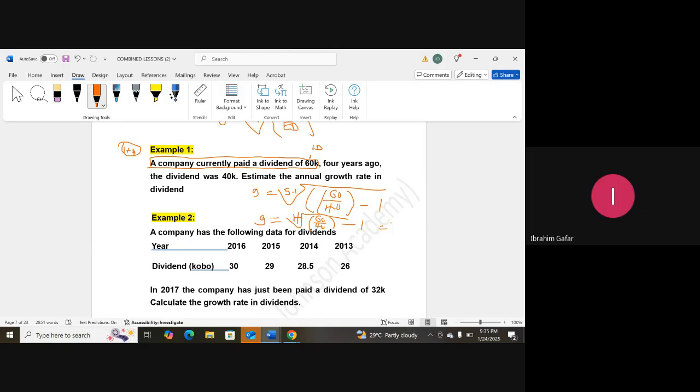What I did is this. 4 shift raised to power, then 60 divided by 40, minus 1. Oh, sorry. I have 10.6 something.